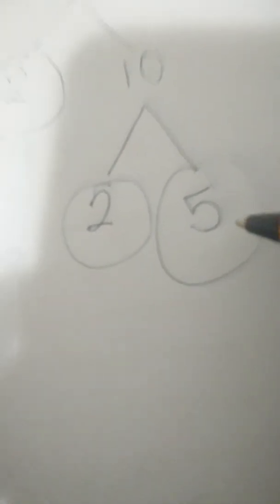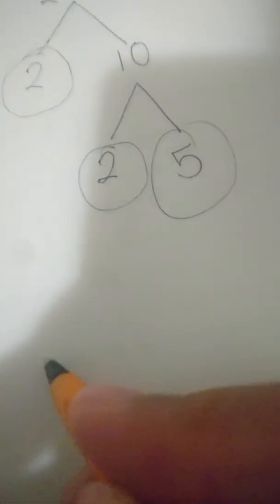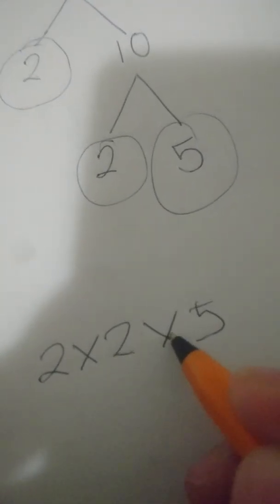So we divide it by 2 and we get 2 times 5. 2 is a prime number. 5 is also a prime number because only 1 and 5 can go into 5. Therefore, if I want to write 20 as a product of its prime factors, I can write it as 2 times 2 times 5.